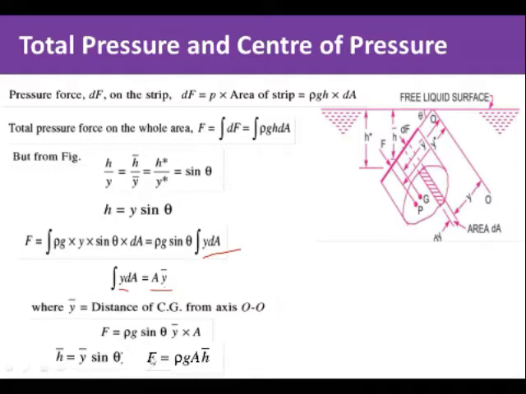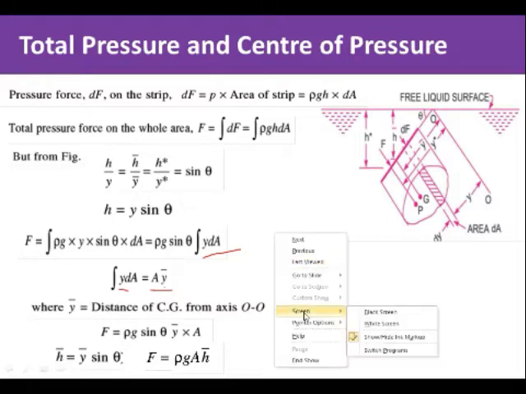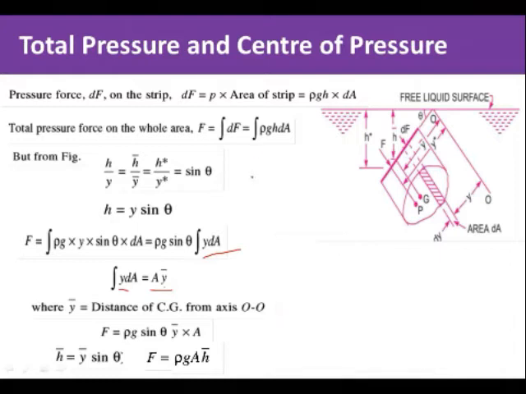This is the formula for finding the total pressure force. So the total pressure force, denoted by F or P, equals mass density into acceleration due to gravity into total area of the surface into distance of that particular center of gravity from the liquid surface.